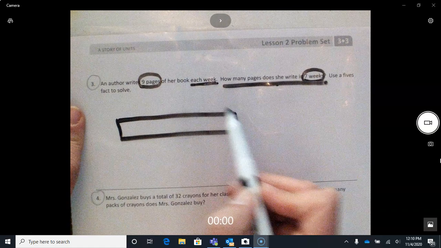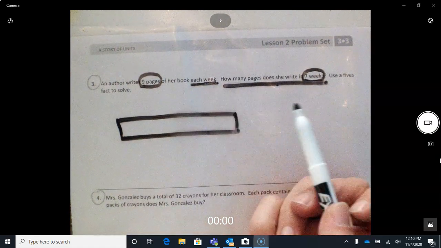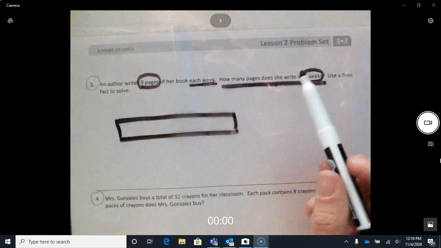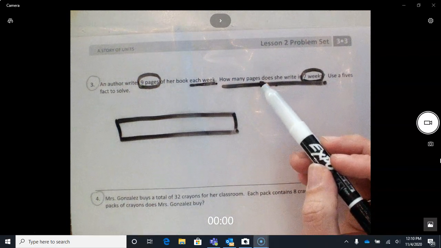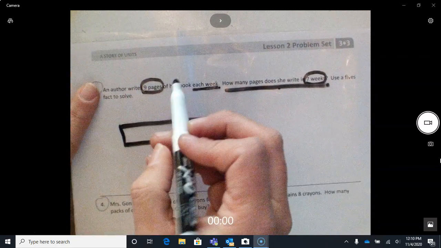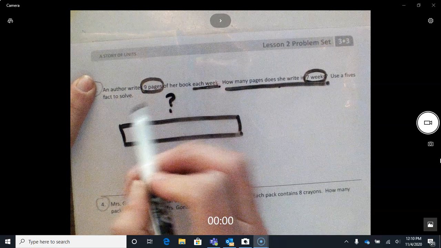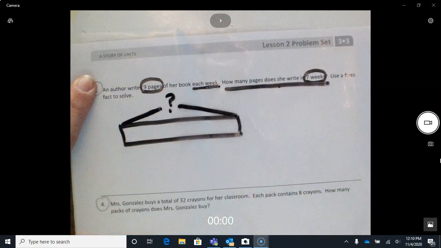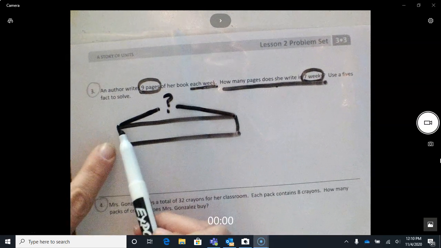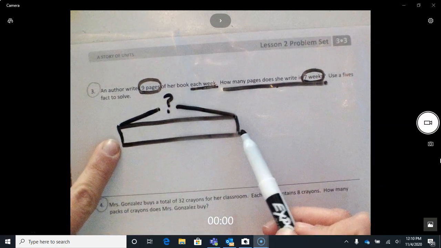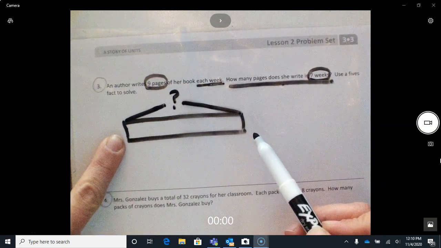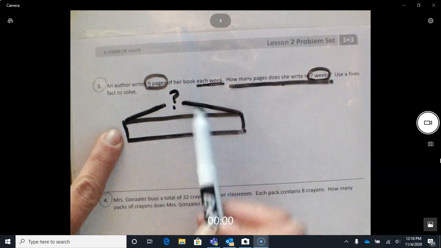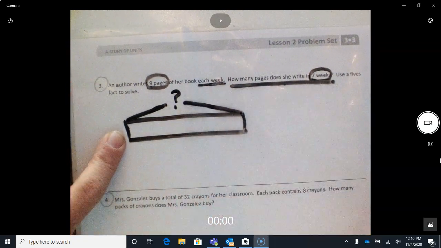All right, so let's see, I'm thinking, do I know the total? The total of what? The total of pages? No, I don't know that because that's what it's asking me. So that means I'm going to put a question mark above my tape diagram because that's what I'm trying to find. And remember, I'm marking it from the beginning of my tape diagram to the end of my tape diagram to tell me that this whole thing represents the total.